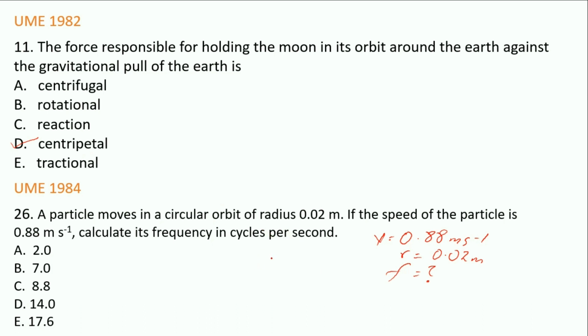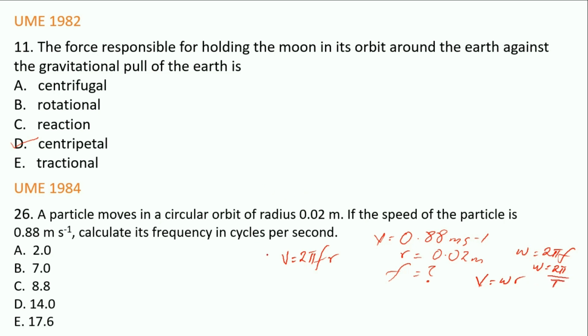The first couple of formulas you come across in uniform circular motion is V is equal to 2 pi FR. Because we know that V is equal to omega R, and omega is 2 pi F, or you can also write that as omega is equal to 2 pi over T, and T stands for period.